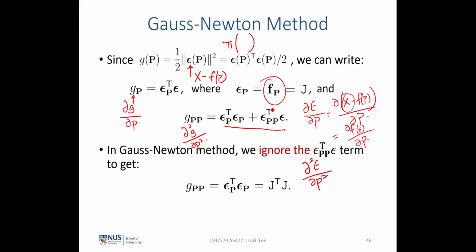And since this term involves a second order derivative, it might be very inconvenient or computationally expensive to obtain, bearing in mind that this is only part of one iteration in the whole iterative optimization technique that we are talking about.